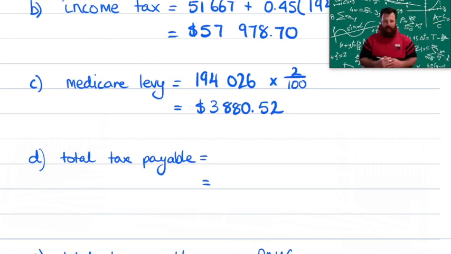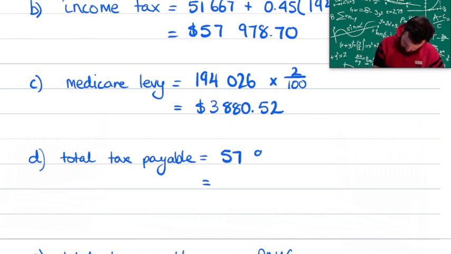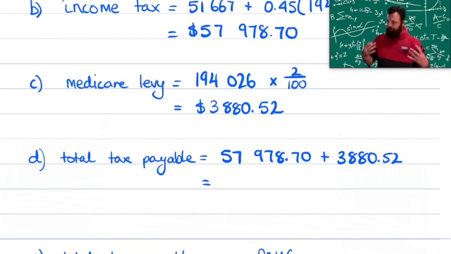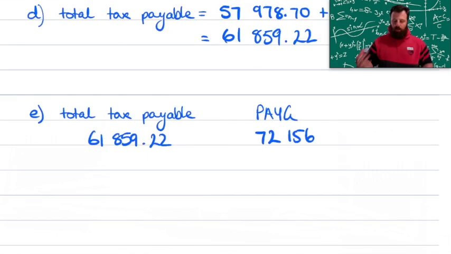Her total tax payable is income tax plus Medicare levy, so it's $57,978.70 plus $3,880.52. When we add those together, part E asks, does she get a tax refund or does she have a tax debt?